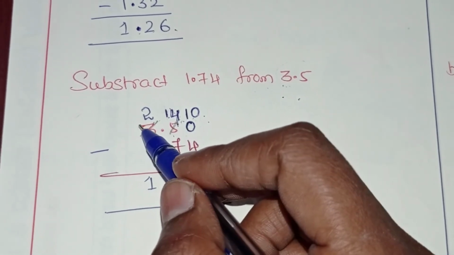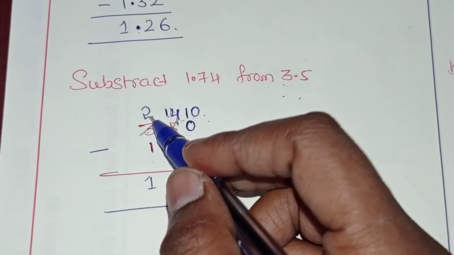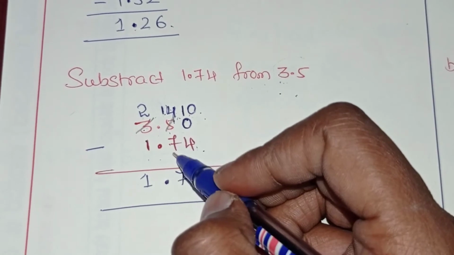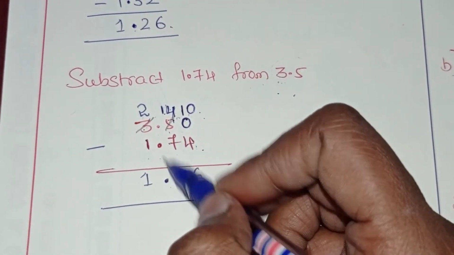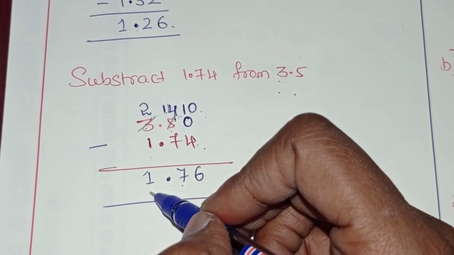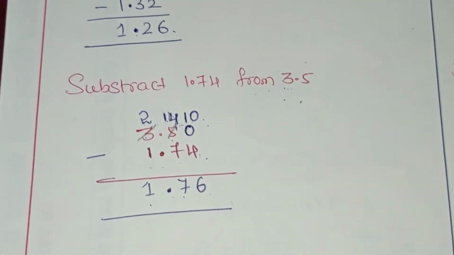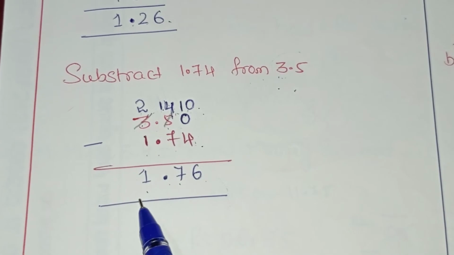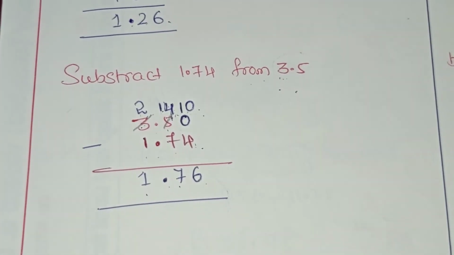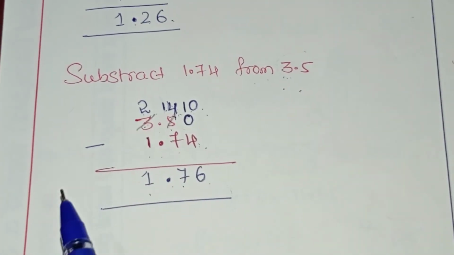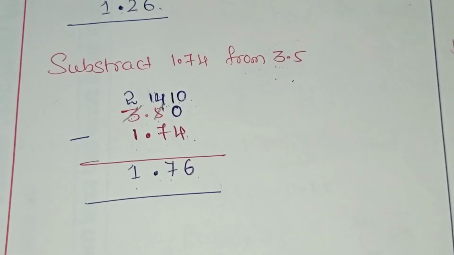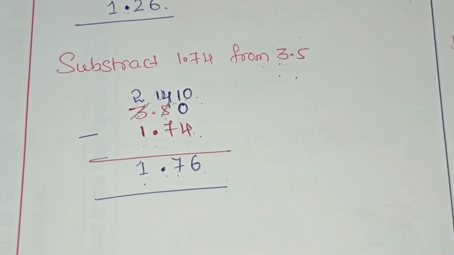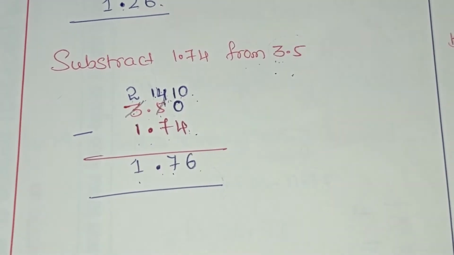That's why this is 2 now. So 14 minus 7 will be equal to 7. Decimal point as it is, 2 minus 1 is 1. So what is the final answer? 1.76. Okay children, this is how we subtract by taking borrow. Now let's move to the exercise part.